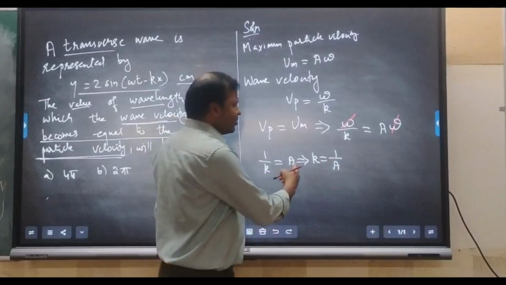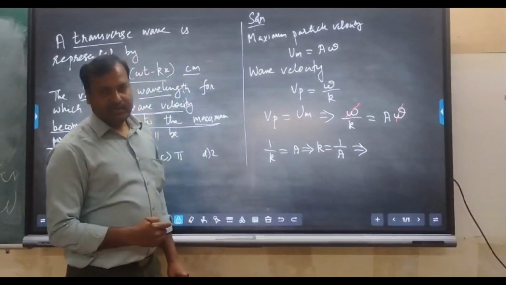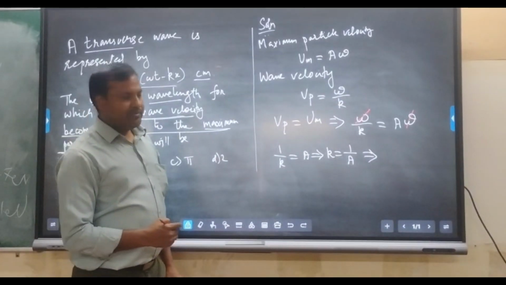We know k is the wave vector, and the wave vector is equal to 2 pi by lambda.